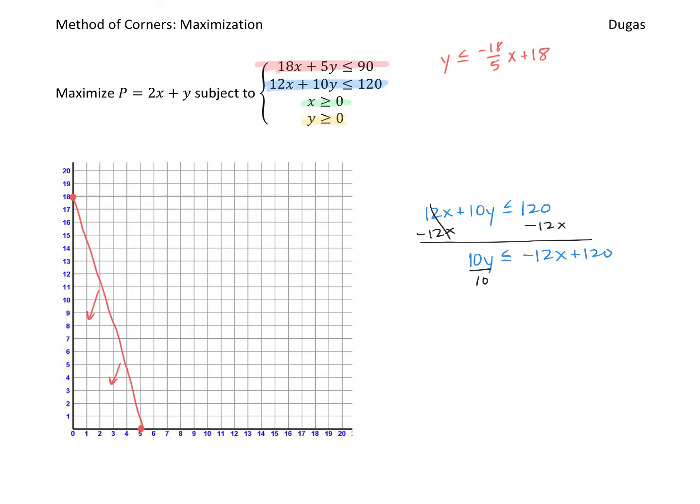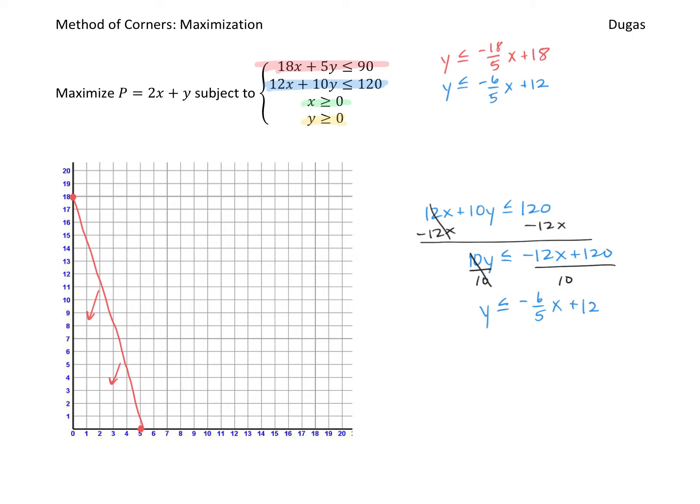Divide by 10, and so y is less than or equal to negative 6 over 5 x plus 12. So I have now isolated the y for this one. My second inequality is y is less than or equal to negative 6/5 x plus 12.